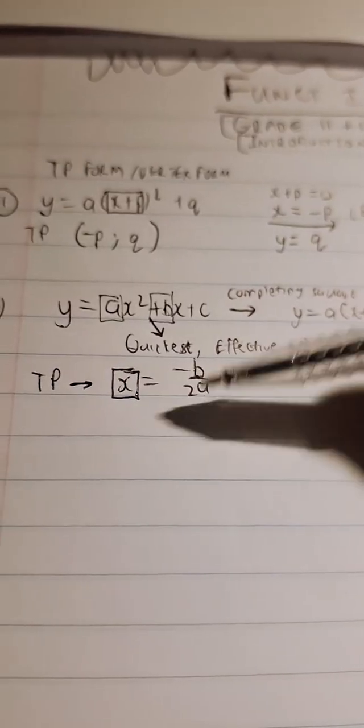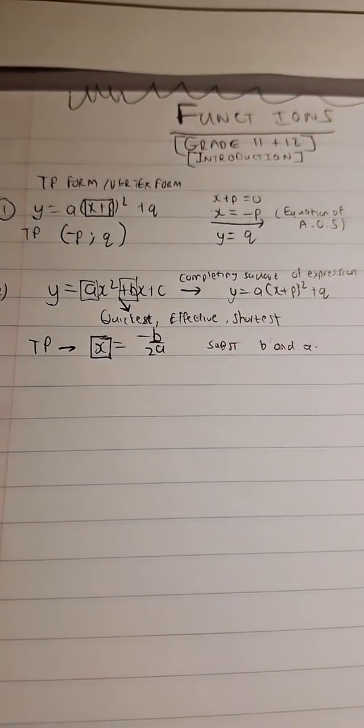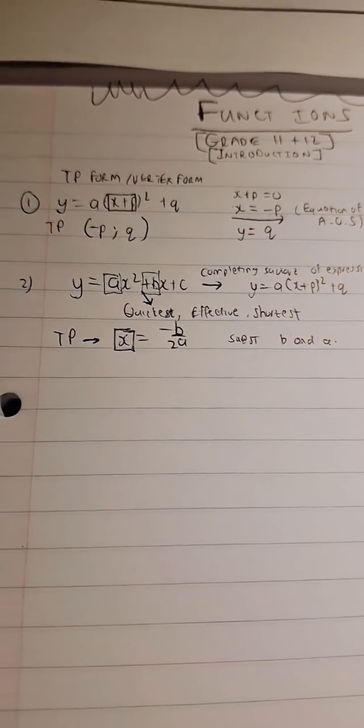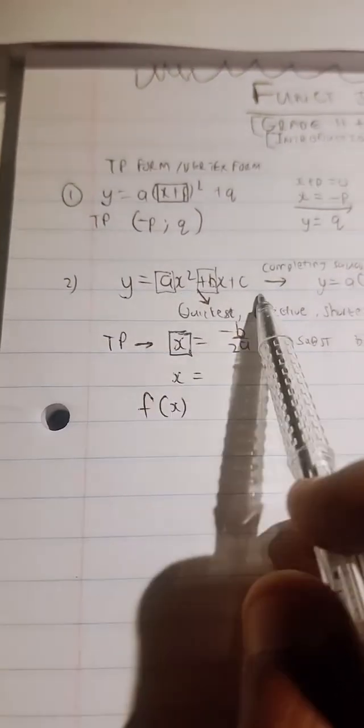So you substitute that b and a from your quadratic function, and then you simplify. You will get a specific x value. Once you get that x value, you will take it and substitute it where? There in the equation.